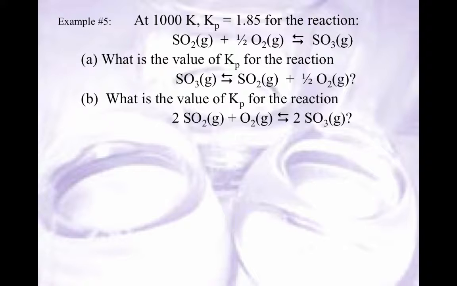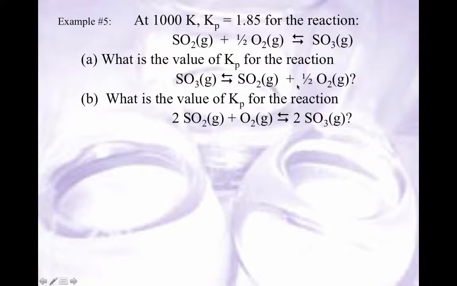And so the value of Kp for part A, if we're flipping it, instead of just flipping the sign, because we actually don't get negative equilibrium constants, write what the equilibrium constant expression would look like for A. So pause the video really quick and write what the equilibrium constant would look like for part A and compare that to what the equilibrium expression would look like for the original.